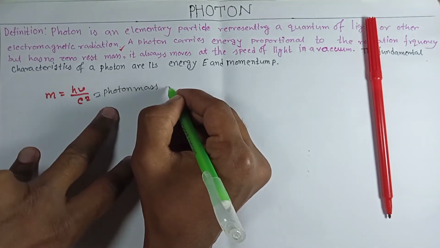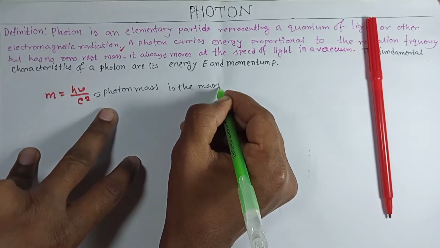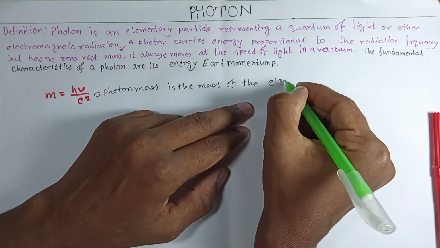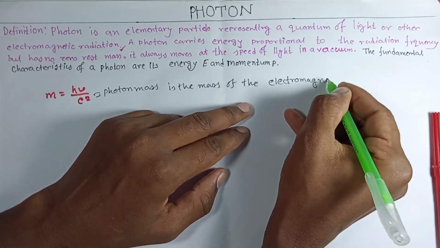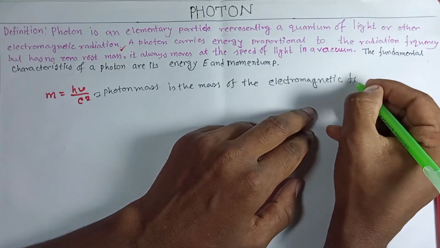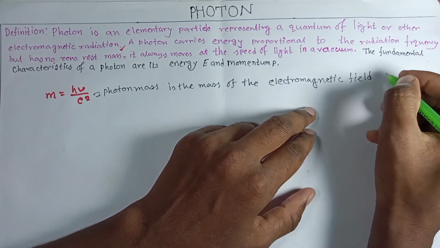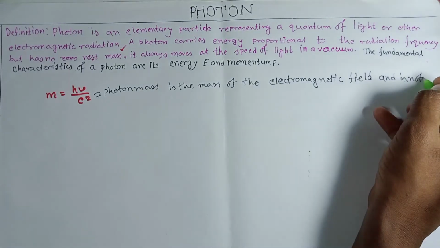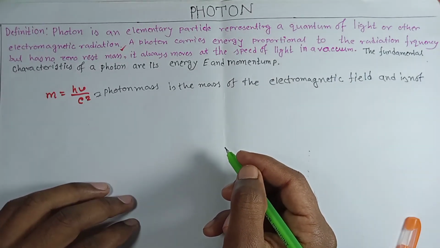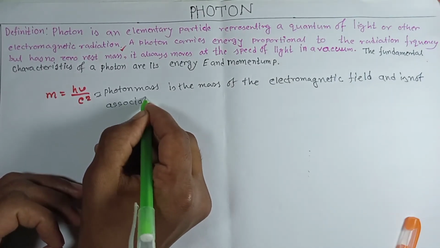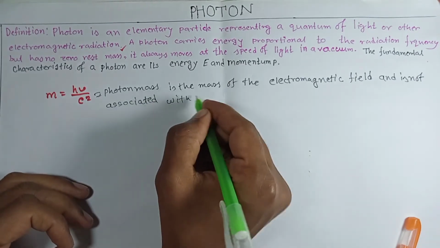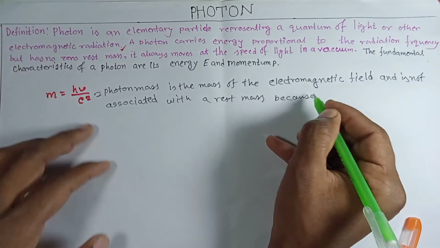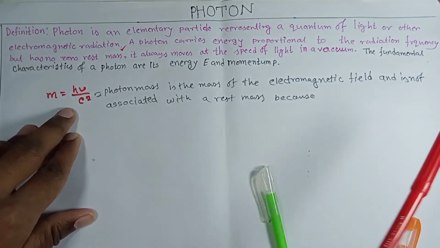So we say photon mass is the mass of the electromagnetic field, and is not associated with a rest mass, because when c is equal to 0, the mass is equal to 0.